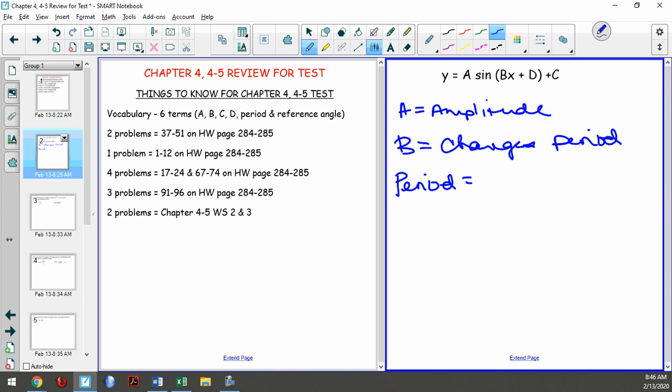Okay, the period is going to be the number of units it takes to get around 1 revolution of the unit circle, right? So that's why it's typically 2 pi, right? So the period is going to be how long it takes to make 1 revolution. Time it takes for 1 revolution. Yes?